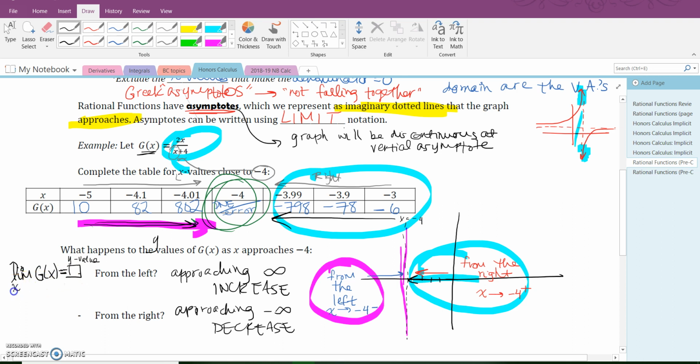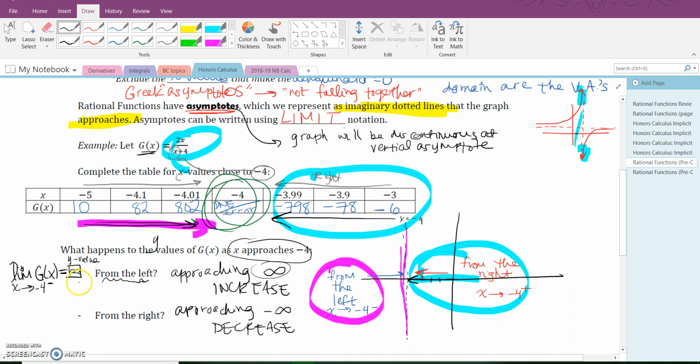Right under the limit, you're going to put x approaching. So right here, x was approaching -4. And for the first one, to say you're approaching from the left, you always put a little negative after the number. So I'm approaching -4 from the left. And then what was the limit? Like, what were the y values doing? Well, they were approaching infinity.